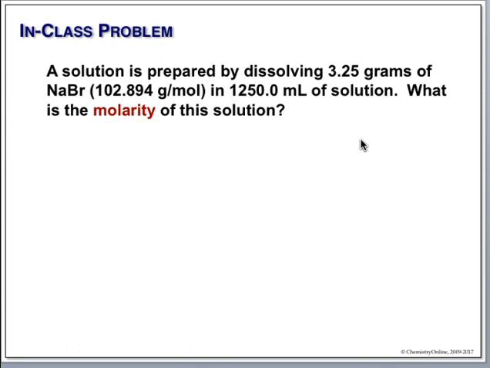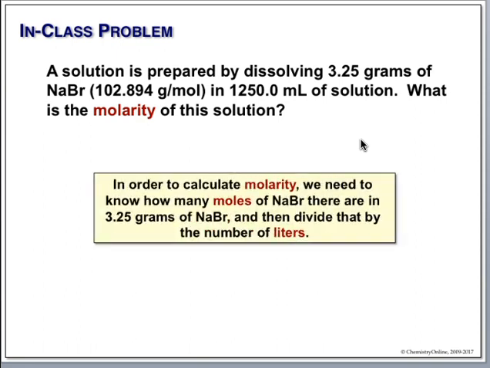What we need to know is the number of moles of sodium bromide we have and the number of liters of total solution that we have.